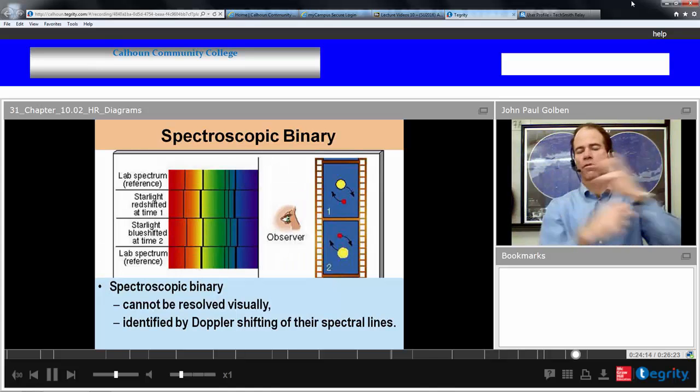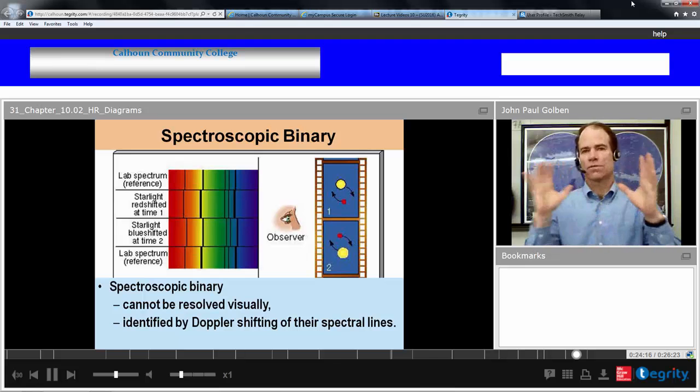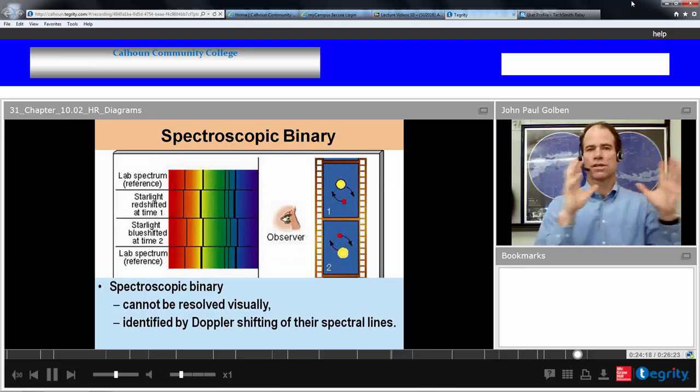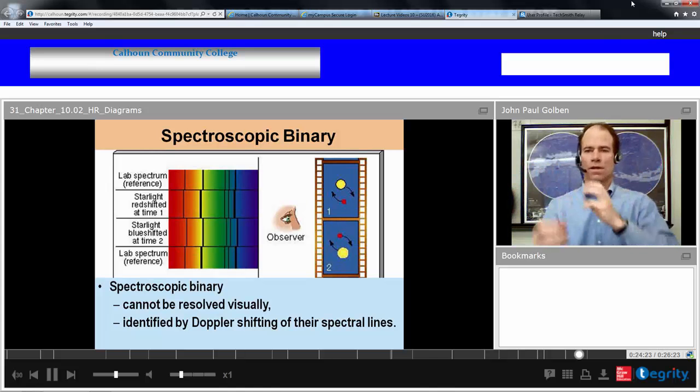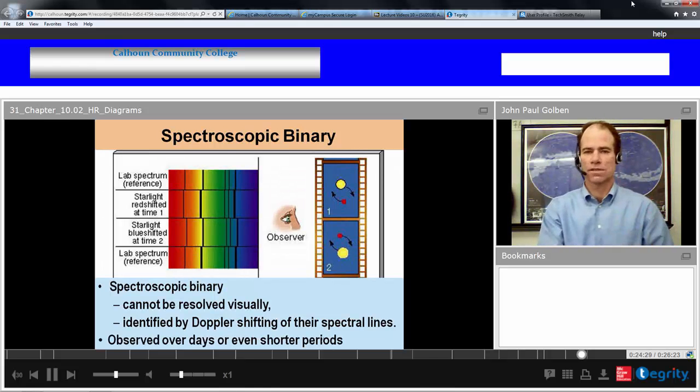As they are revolving, we can observe their spectrum, and the spectrum would shift either to the red or to the blue as it revolves around the center of mass. So we identify the Doppler shift of the spectral lines, and this can be observed over days or even shorter periods depending on how fast this revolution is taking place.